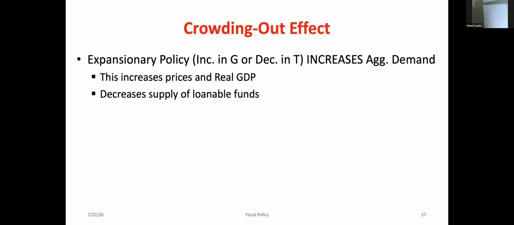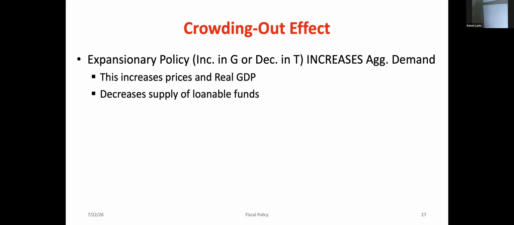Now, the problem is if we increase government spending and decrease taxes, that has an initial effect on the economy. But the secondary or the crowding out effect is that when we change taxes or government spending, that impacts our loanable funds market. I'll draw this out for us in a second.